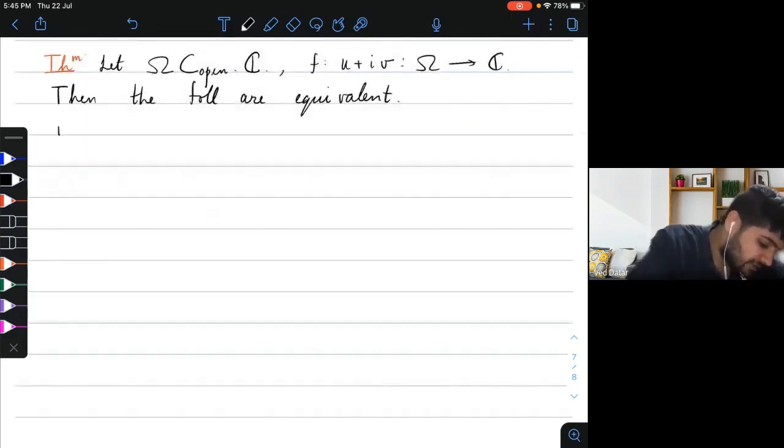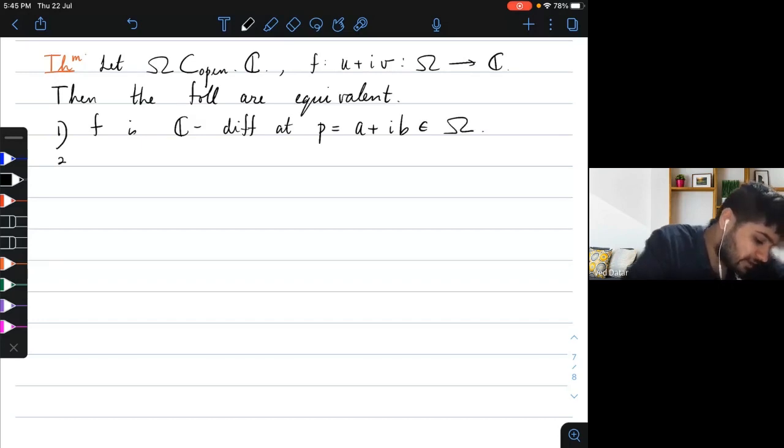Okay, so the first point is that f is C differentiable at a point P in omega. And the second condition is that f is R differentiable at the point (a, b).